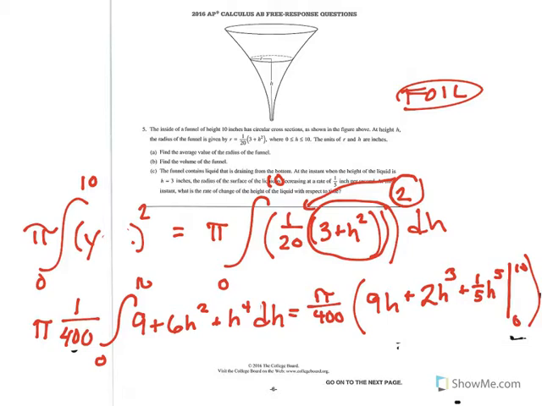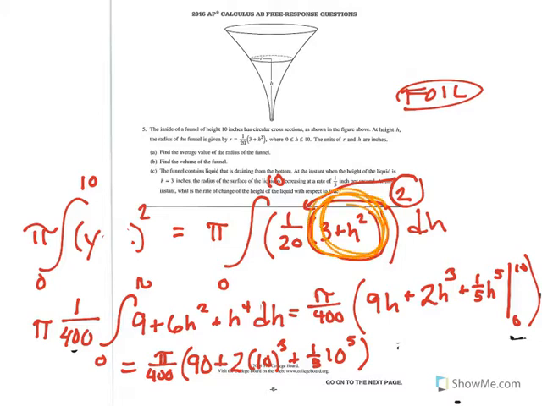So when I work this out, I'm going to get pi over 400 times 90 plus 2 times 10 to the third plus 1/5 times 10 to the 5th is the answer. I'm not going to simplify it. I'm going to leave it just like that. That's the correct formula for volume. If you had trouble even starting the problem, always integrate when we're finding volume. And if you had trouble figuring out how to square this thing, make it up. I would have made it up into 9 plus h to the 4th and tried from there.